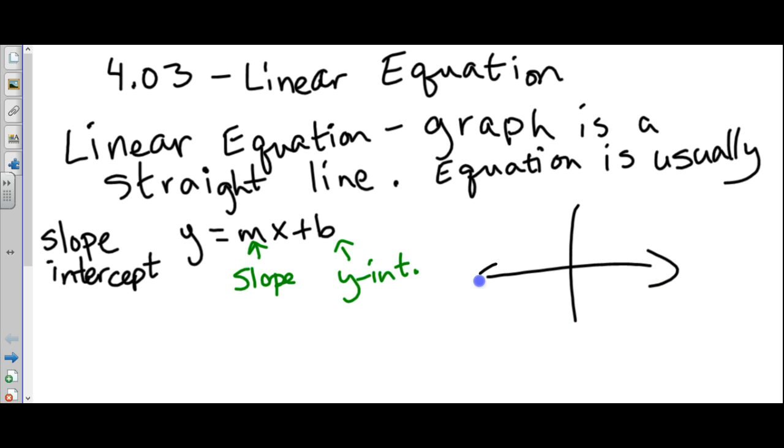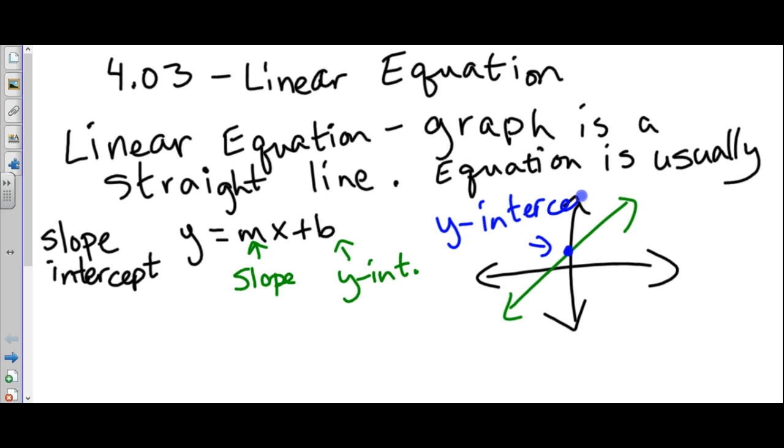On a graph, the y-intercept is where we cross the y-axis. It's always given as the point 0, comma, and then whatever y value we get, so (0, y). And the slope is the rise over the run, so it's how fast your line is going up or down.